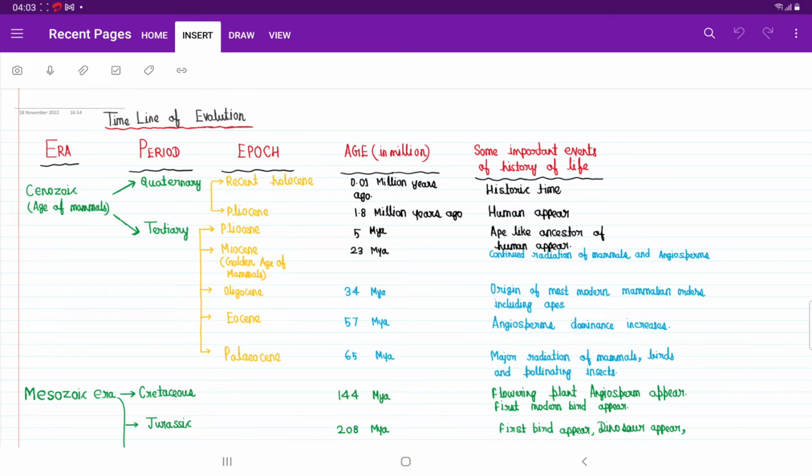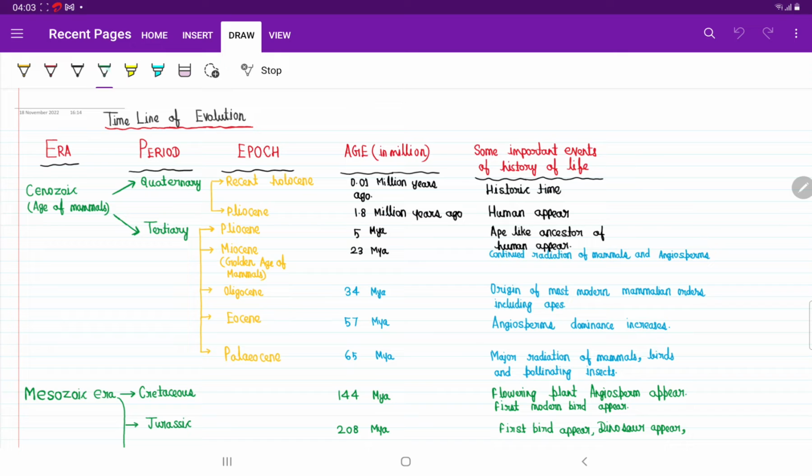In this video, we are going to discuss the geological timeline, or timeline of evolution. What exactly is it? Try to understand it. See, students, we all know that it is the Big Bang theory that explains how this universe originated.